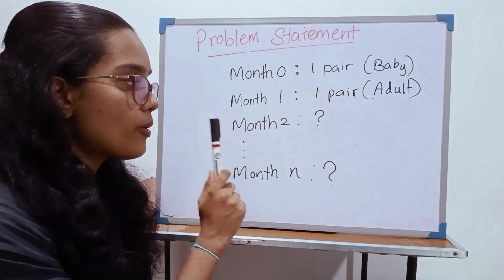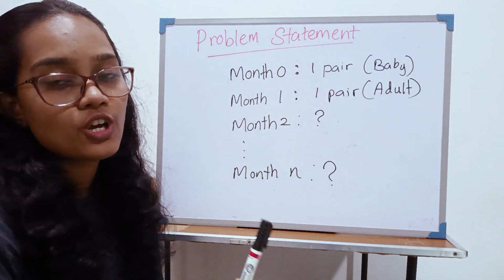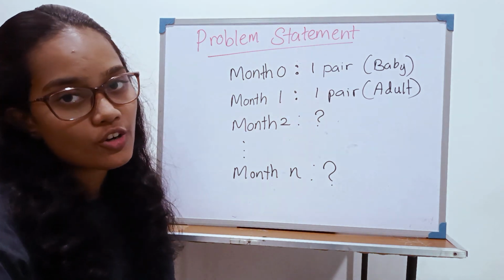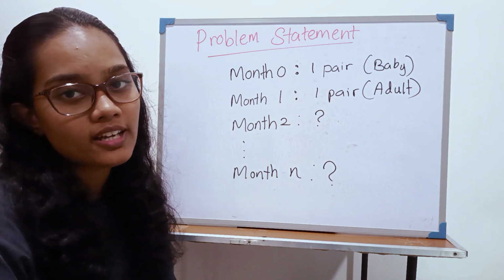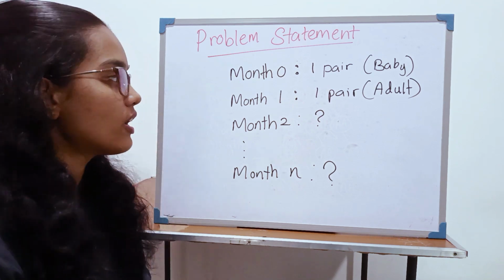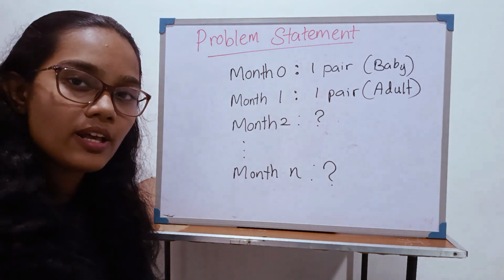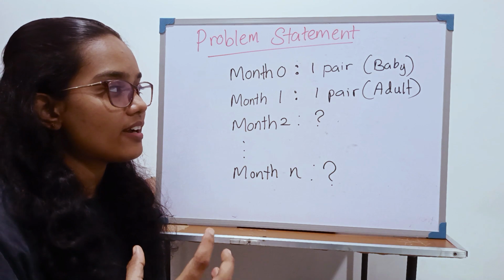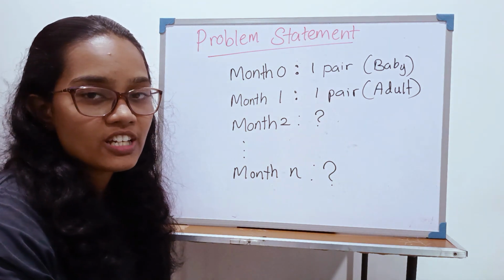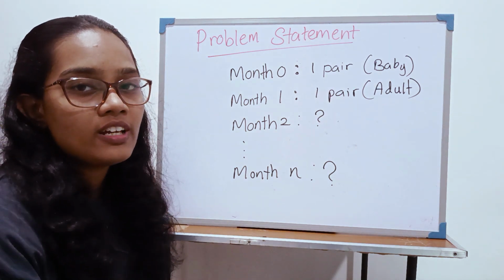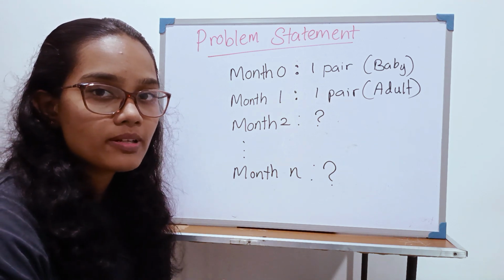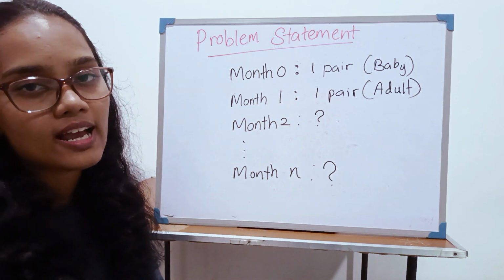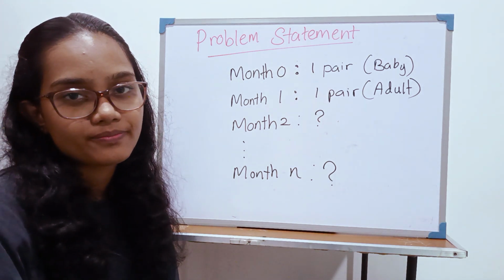So from month 2 onwards, we need a way to predict the total pairs of rabbits at any given month n. So that is basically our problem statement. Simply, when we are given a month, we must have a method to say the total pairs of rabbits at that given month.